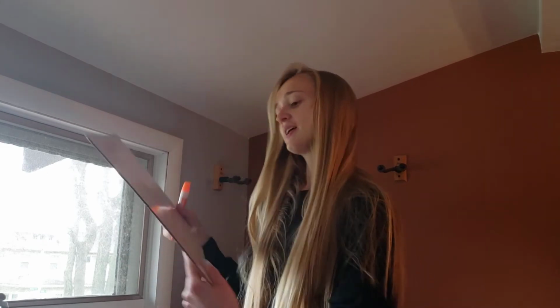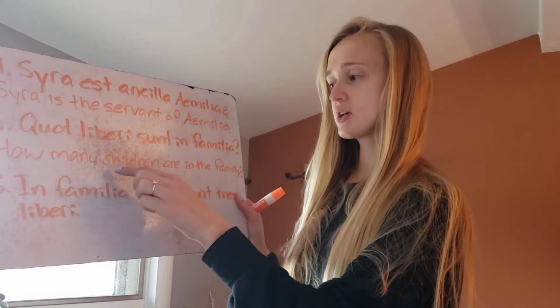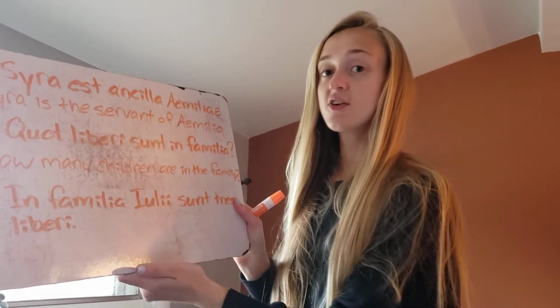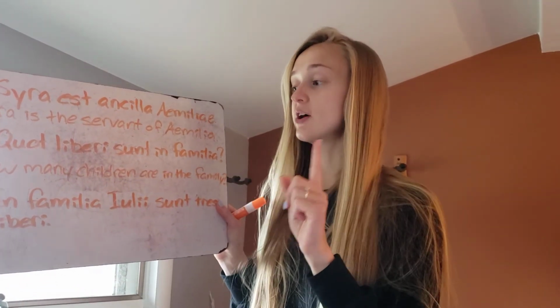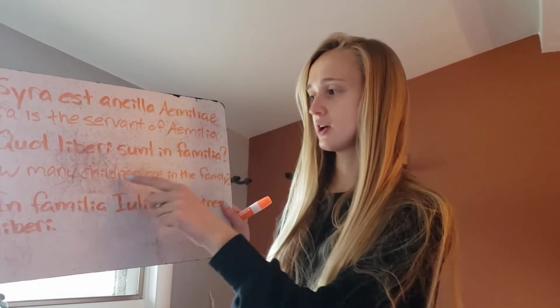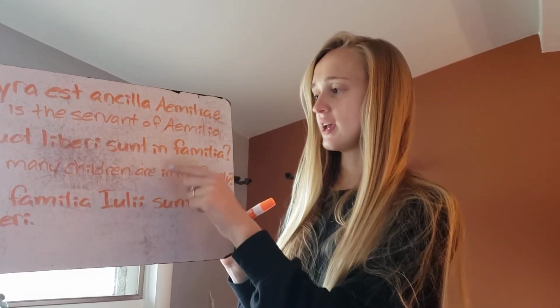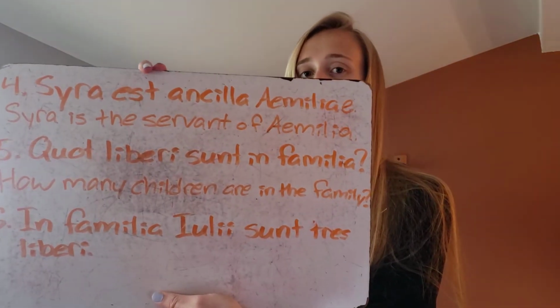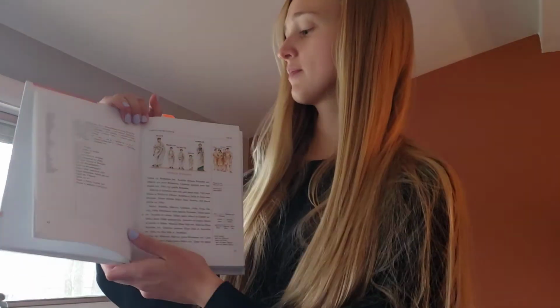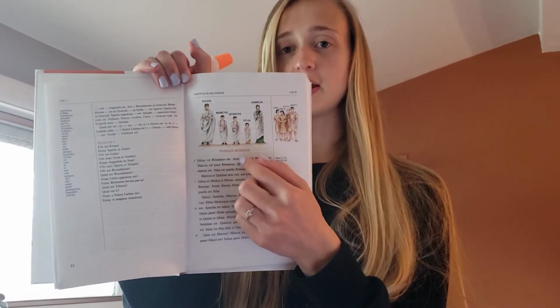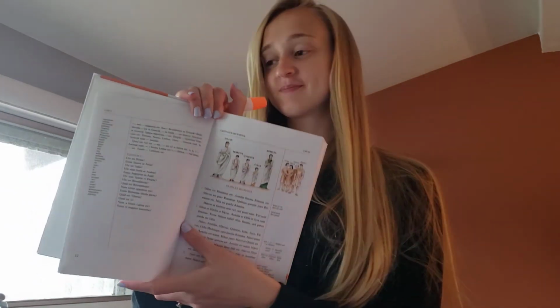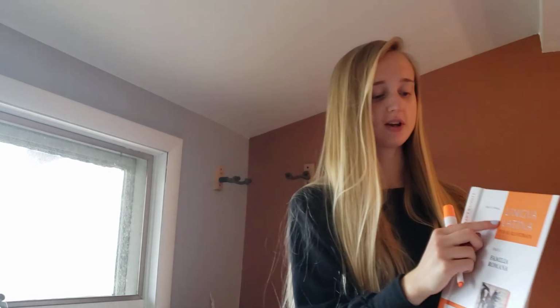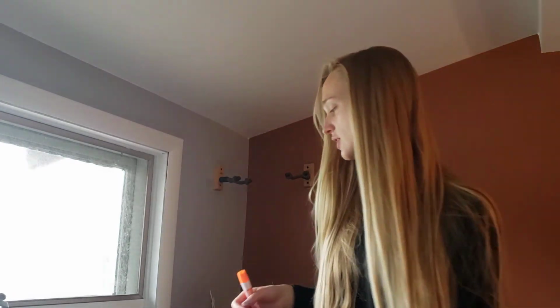All right, you ready? We have how many from quot, children from liberi. Remember, liber is singular, that means one child. Liberi is plural, it means children. Are from sunt, in the family, familia. How many children are in the family? And just looking at the picture, what would you say? How many children seem to be in the family? I would think 3.